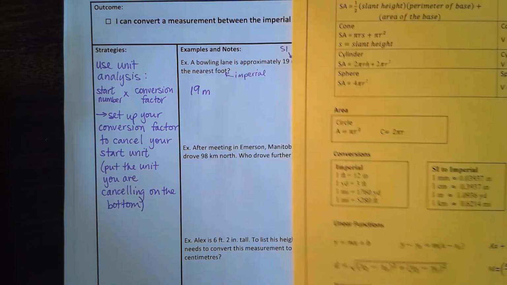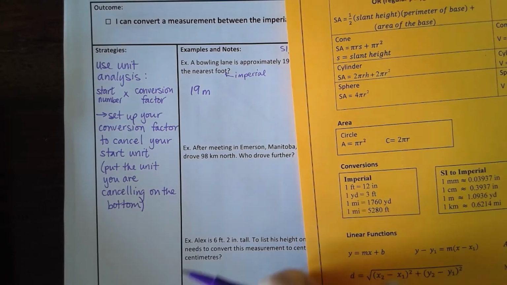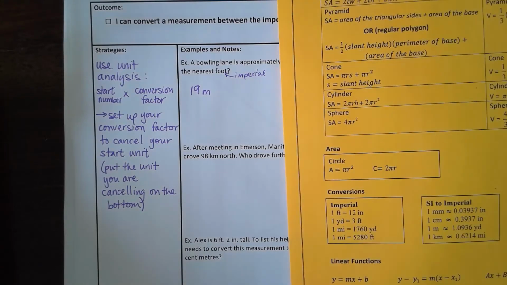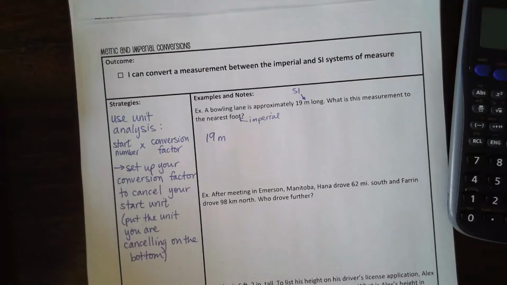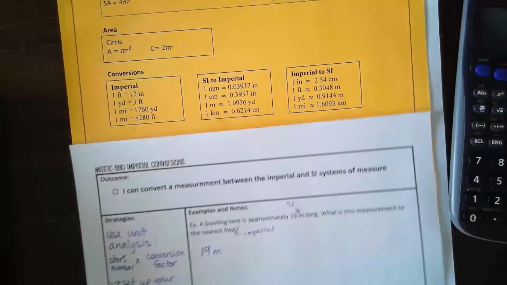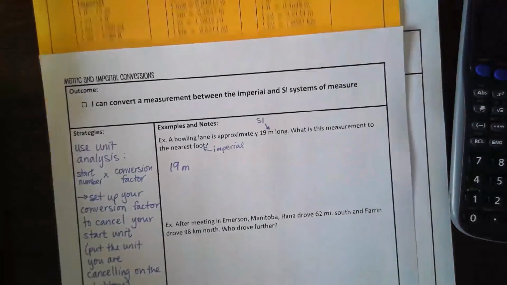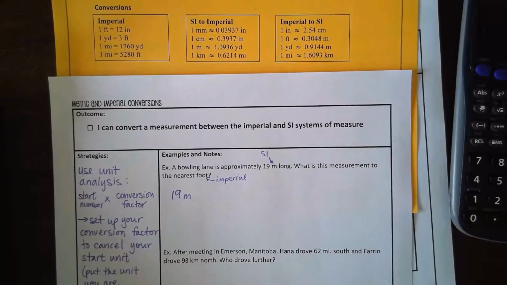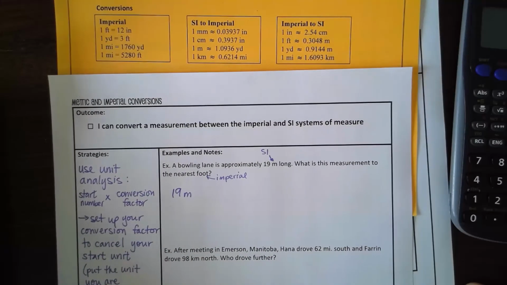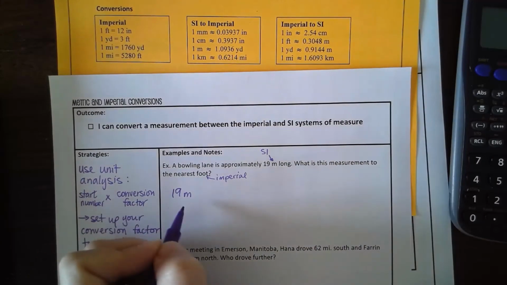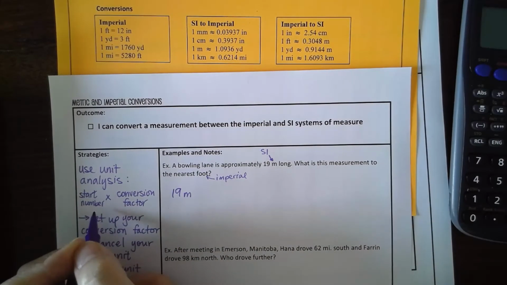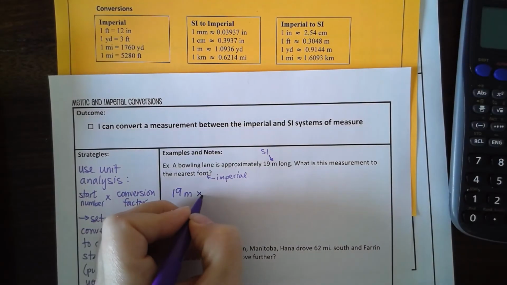So what we want to do is set it up so that you can see both. Let's do it like this. There, you can see that conversion factor right there at the top, and here's my work here. So 19 meters is what we started with, and let's multiply it by our conversion factor.